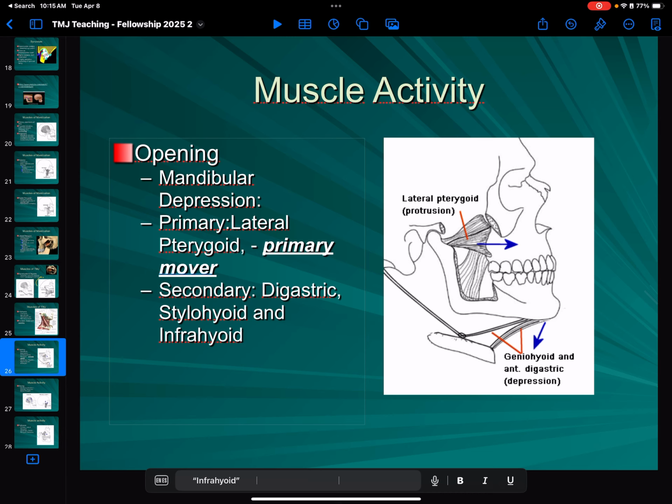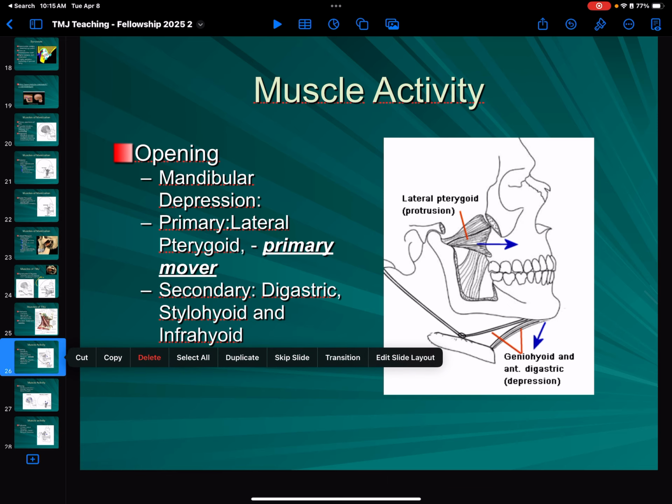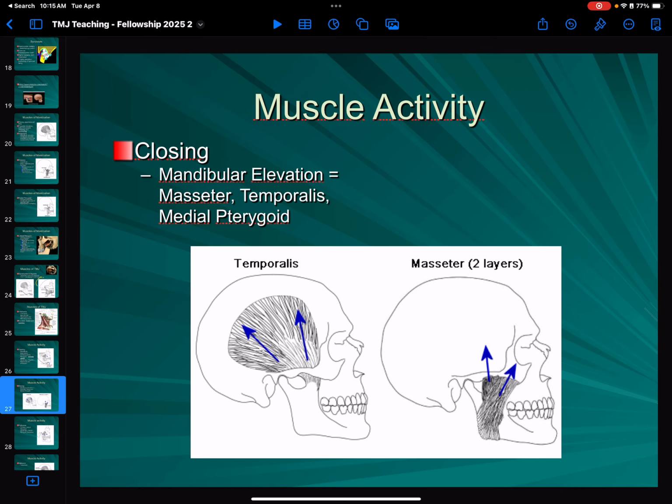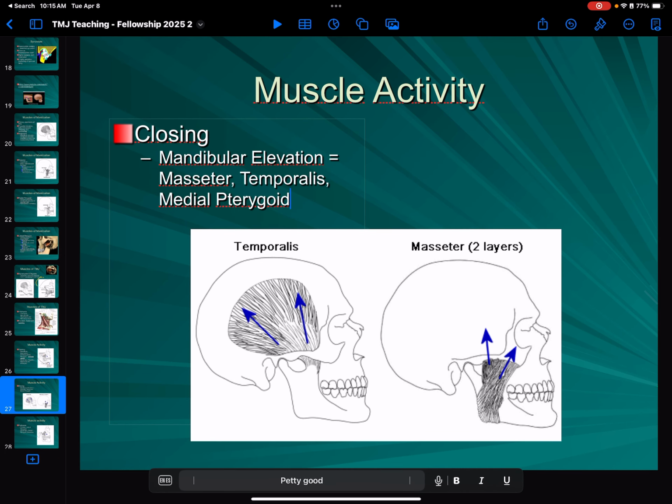Okay, so closing, which muscles are doing that? Medial pterygoid, and somebody said masseter, yeah. So you've got your three main muscles doing that. And then protrusion, do you guys remember which muscle is doing that?